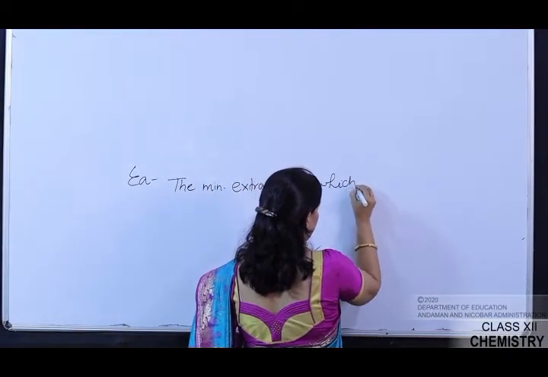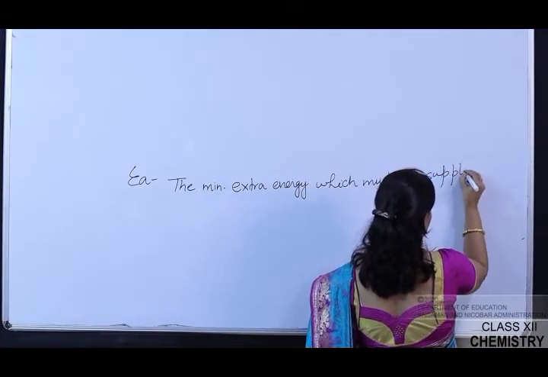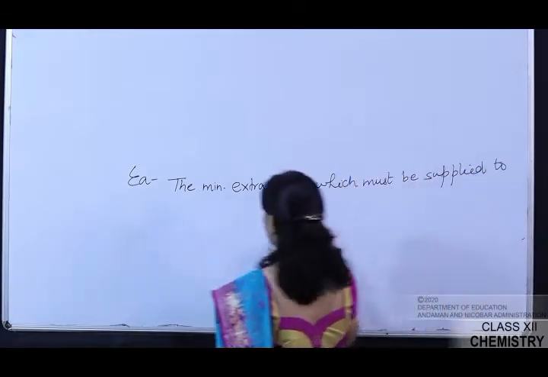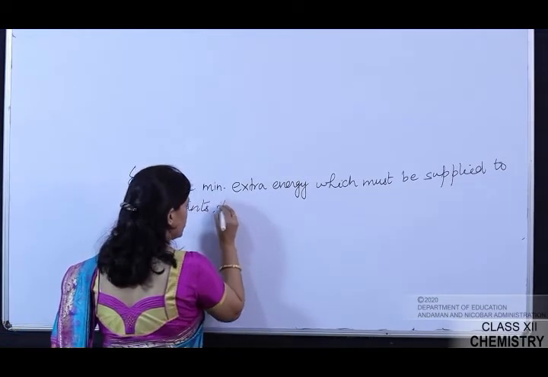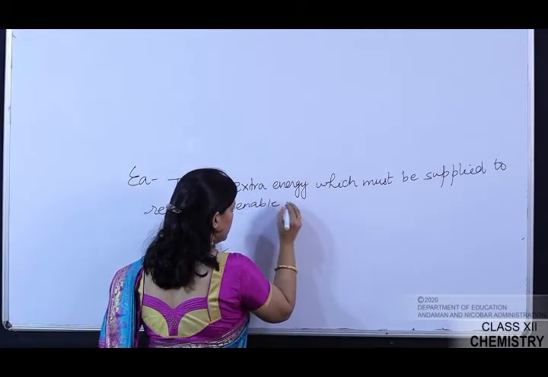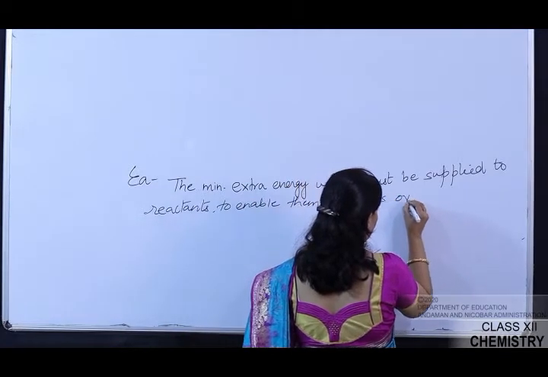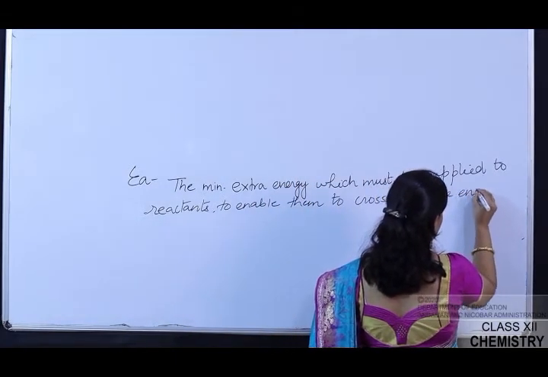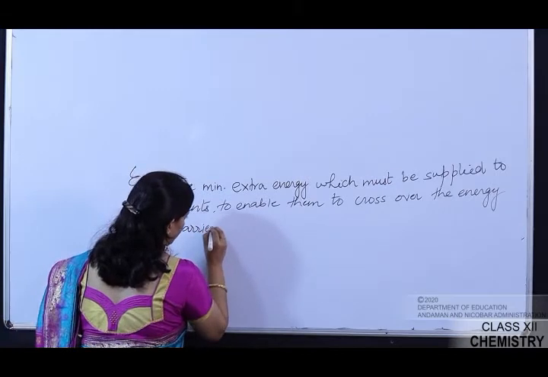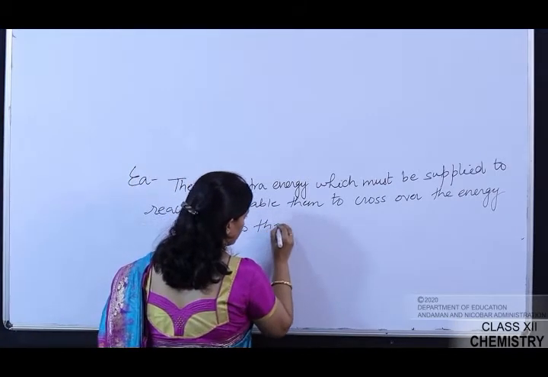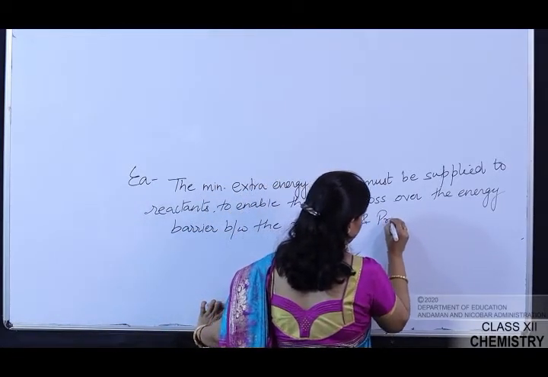which must be supplied to reactants to enable them to cross over the energy barrier between the reactants and products.